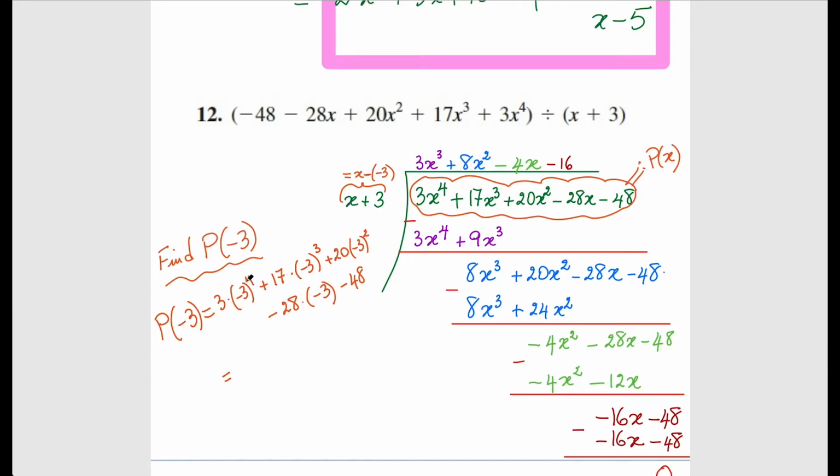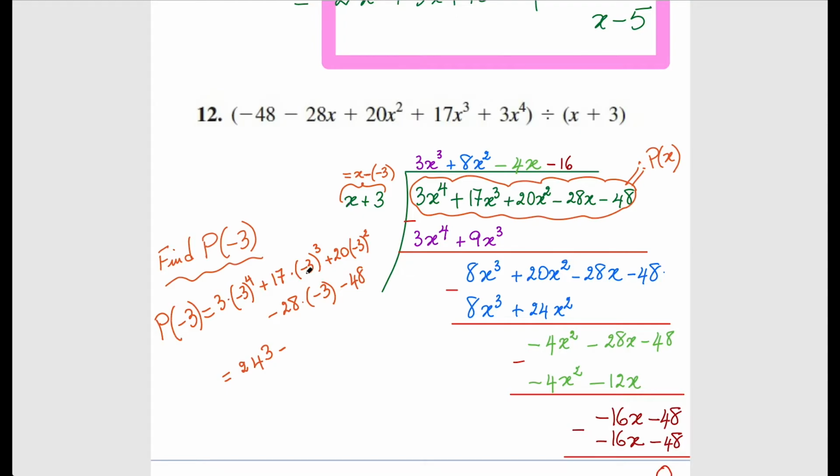What's minus 3 to power 4? Well, minus 3 to power 4 is certainly positive because I'm raising it to an even power. And 3 to power 4 is like 9 squared, right? So this is 81, and 81 times 3 is 243. Next, how about minus 3 cubed? Minus 3 cubed is a negative entity.